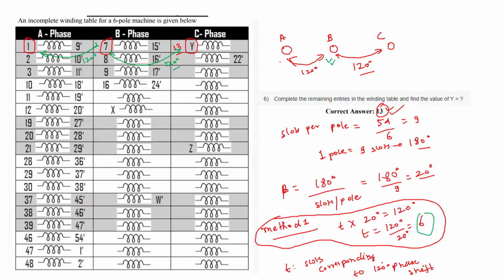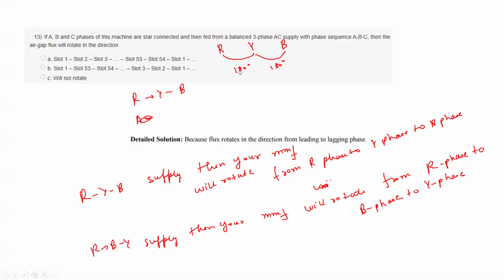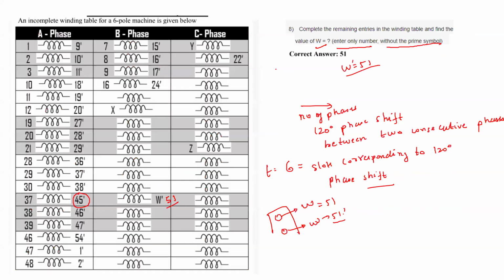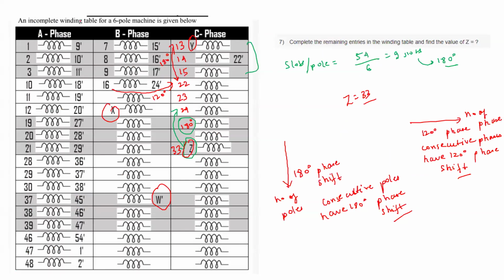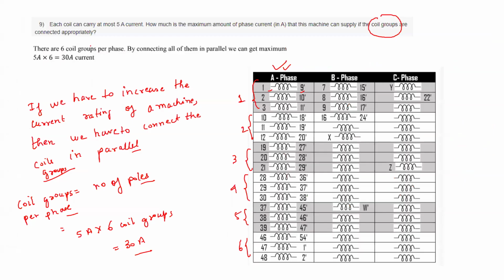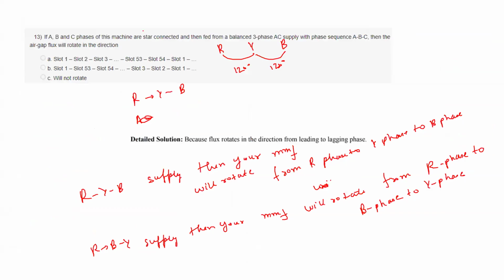We always obtained the 120 degree phase shift on this axis, if you remember. That is why, because the winding distribution in space is like this, first the R phase slots come, then Y phase slots will come.